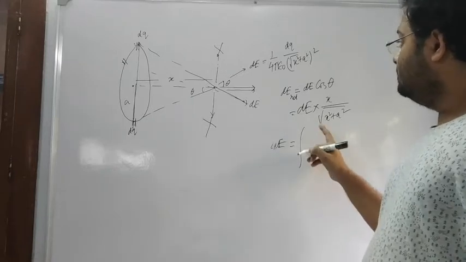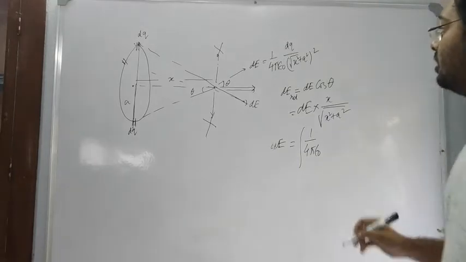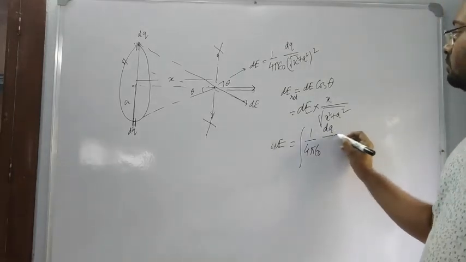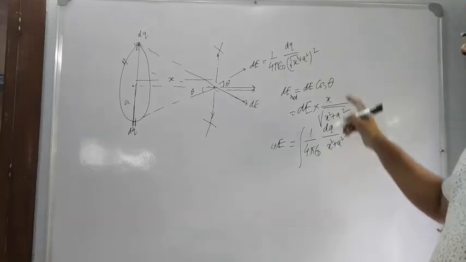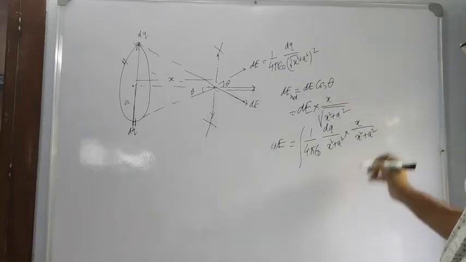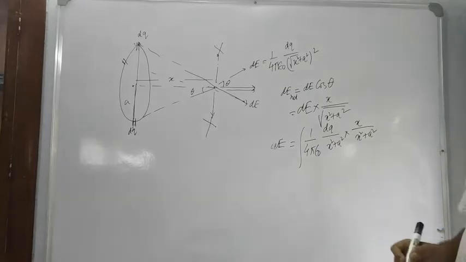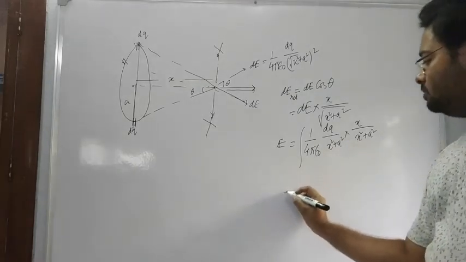And therefore E is integration. What is the value of dE? This is 1 by 4 pi epsilon naught dq by x square plus a square times this x by root over x square plus a square. Again, don't get panicked. This is a very easy integration because x and a both are constant in this case. Okay, so they come outside.